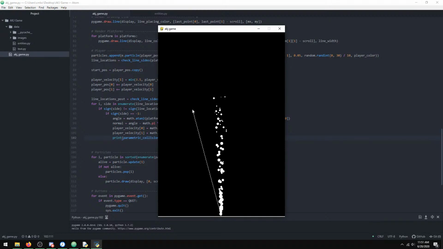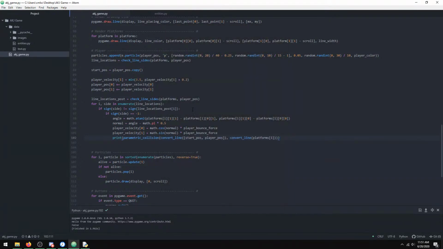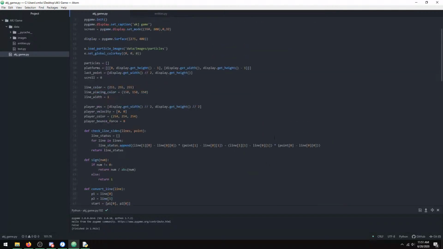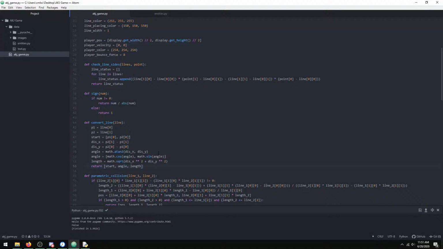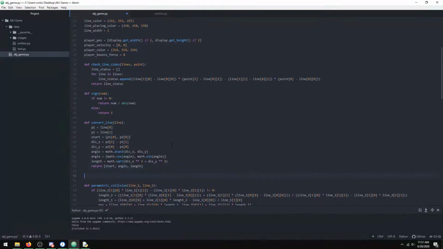Okay. False. That's not good. That should have been true. Or non-zero value or some, I don't know. Time to print out convert line. Let's see. So print convert line.